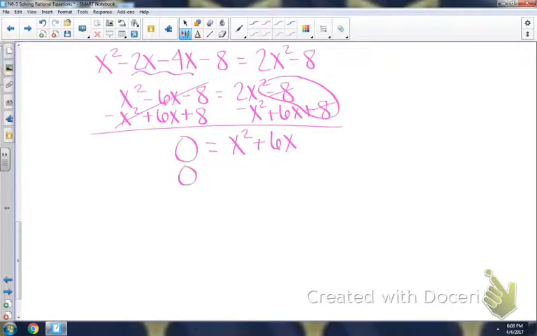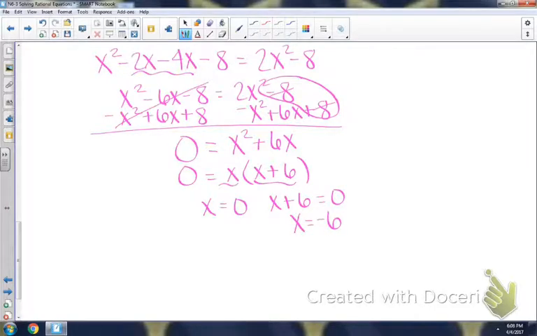Notice they have an x in common. And you're left with x plus 6. That's all I can do with the factoring. So I'm going to set each one, this one, equal to 0, and also this one equal to 0. So x would equal 0 or negative 6.